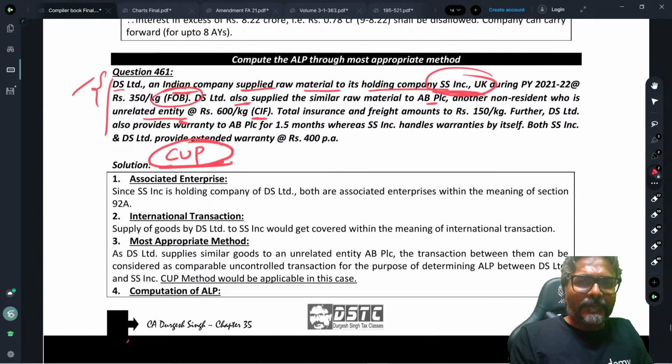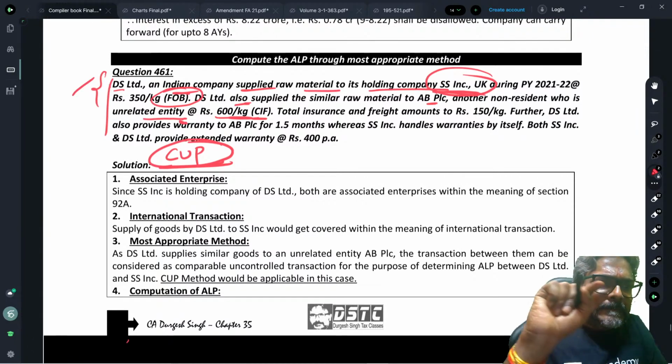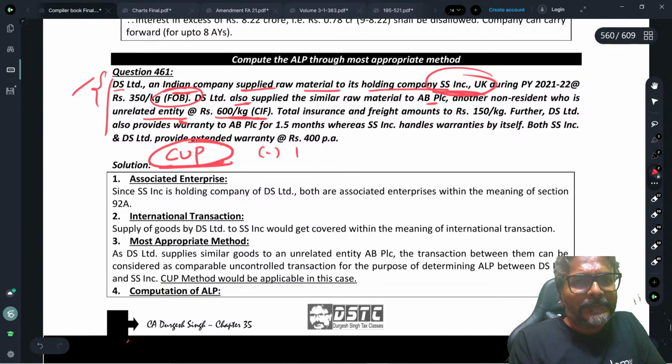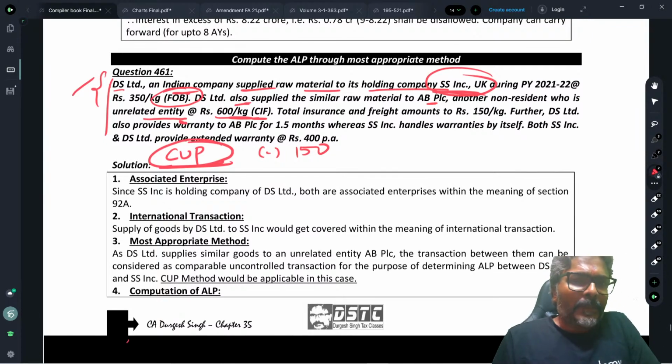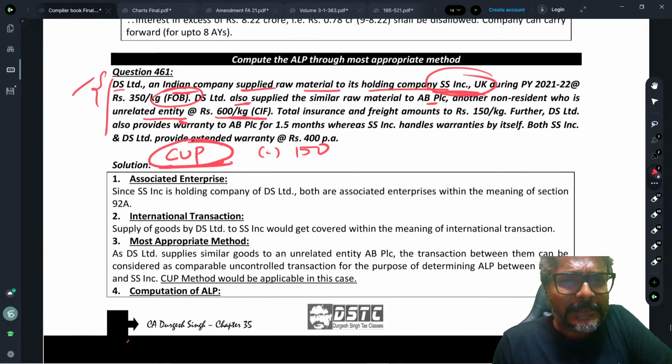Clear, students? So what I'm going to do, this is at CIF, bring it to FOB. So minus 150, so that now this has been made at FOB price.